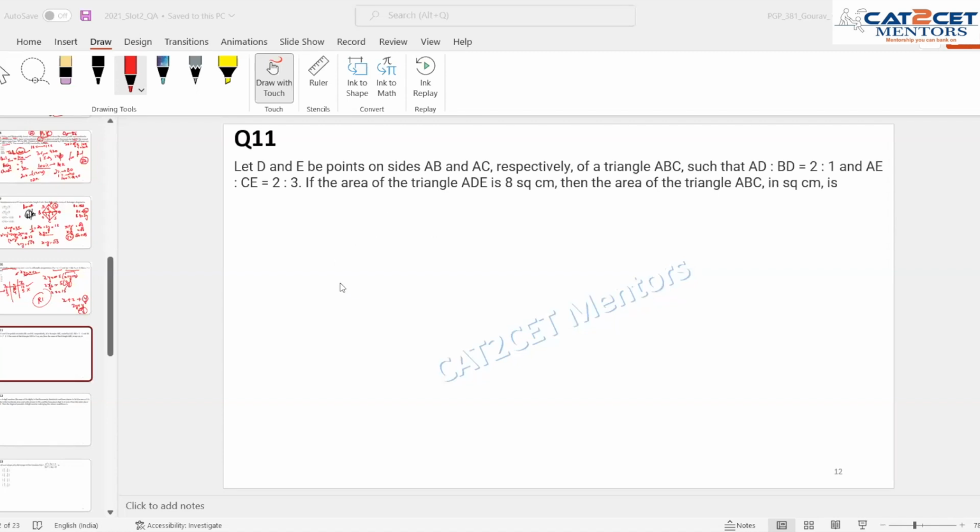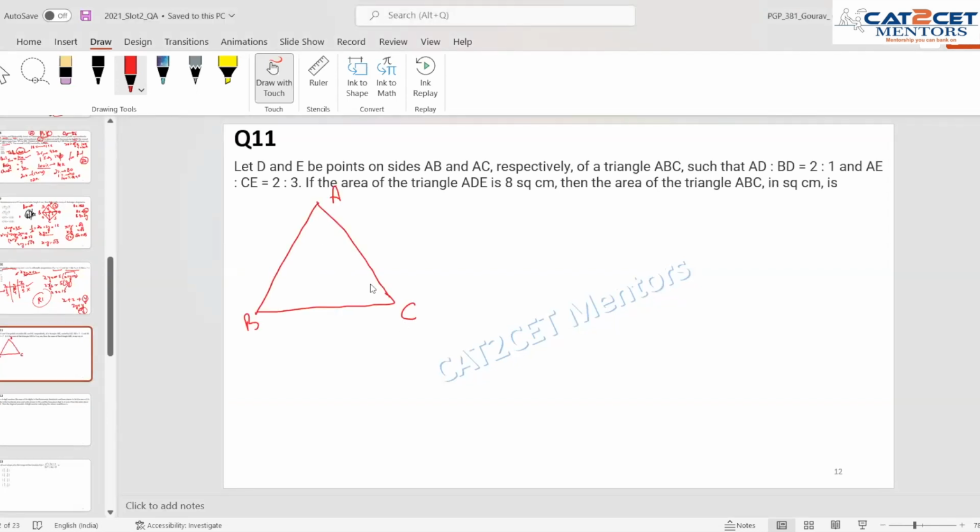Okay, so again same procedure, geometry question. First let's form a figure. They are given D and E are points on AB and AC. So this is D, this is E, and AD is to BD. This is 2, so let's say this is 2x, BD is x.